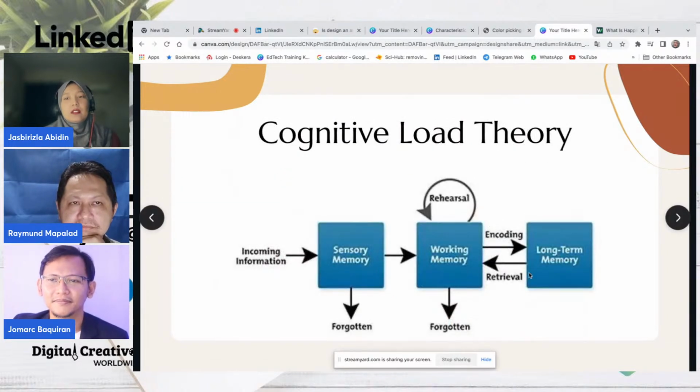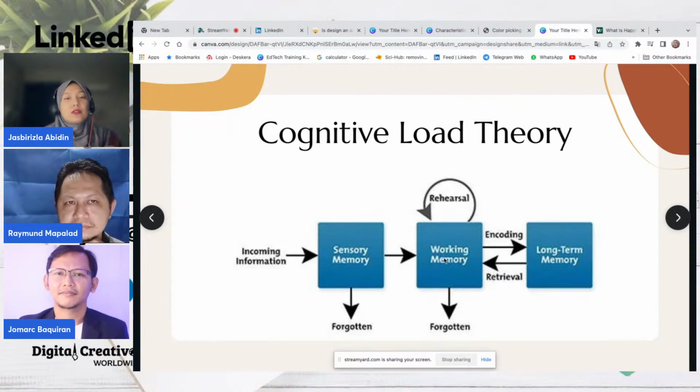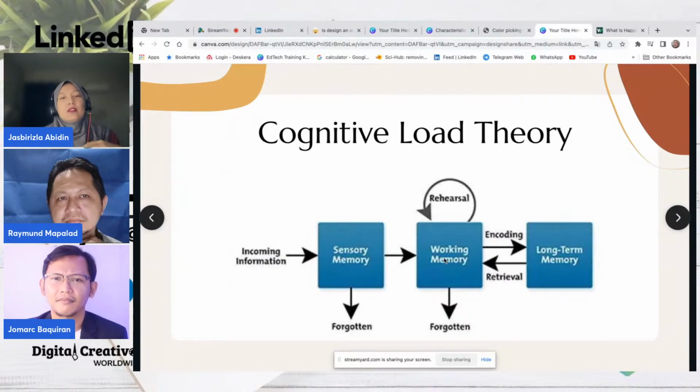You process it inside your working memory, using the new information from your sensory memory, your eyes or ears or nose. You process it here and try to make sense of whatever that is.